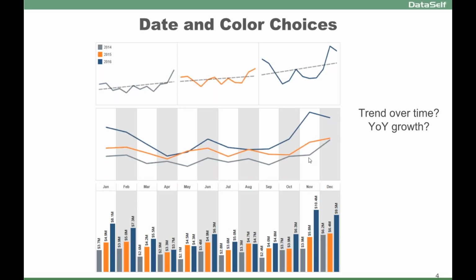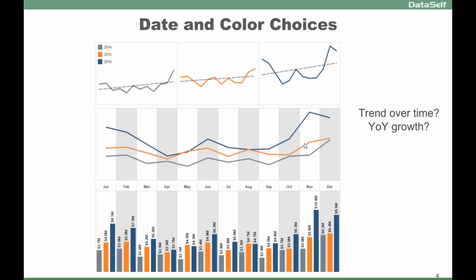So in this one, I can easily and quickly tell that in 2015, the orange line grew consistently across the board in all months, while in 2014, in a couple of months, it was actually a little bit below last year. So in this section, using the pre-attentive brain, you get the story very, very quickly.